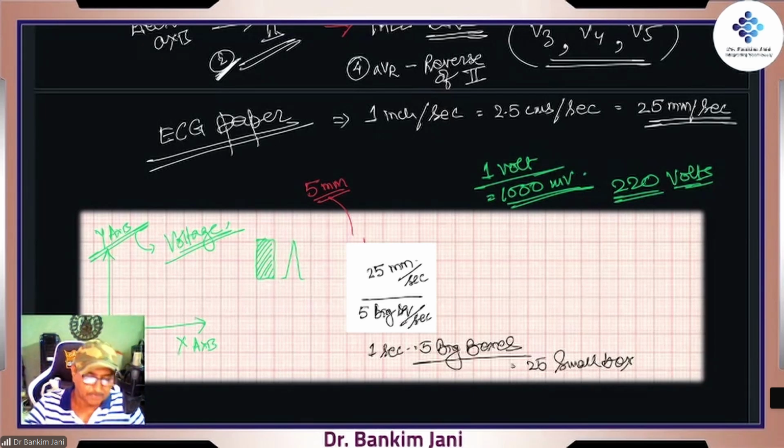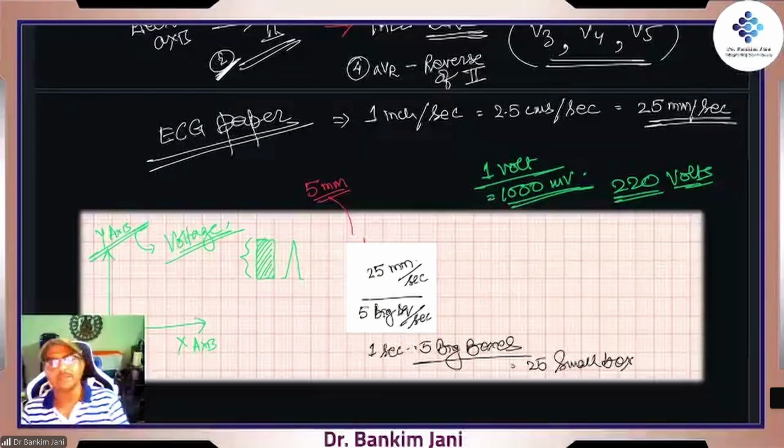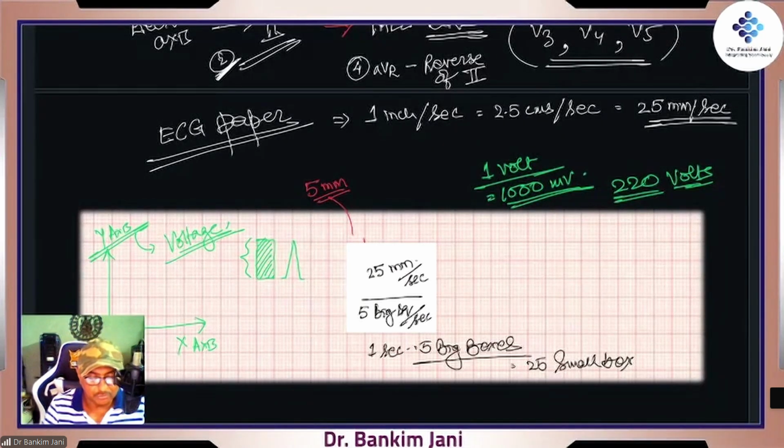This much is 2 boxes, right? But those 2 boxes are 1 millivolt, because that's the sensitivity. 2 boxes is 1 millivolt. Right? 1000 millivolts will make 1 volt. So that's why we are dealing with a very sensitive voltage.